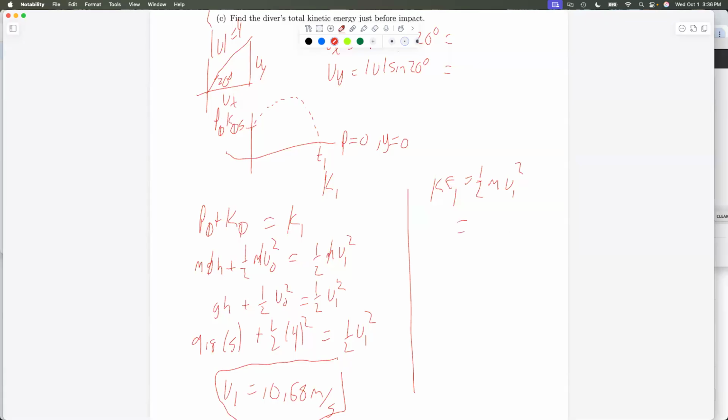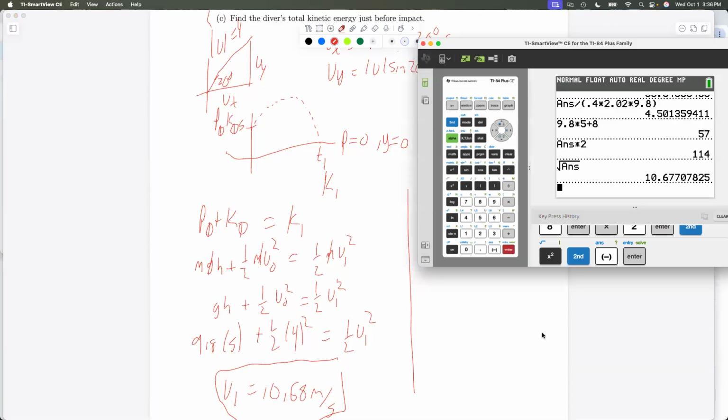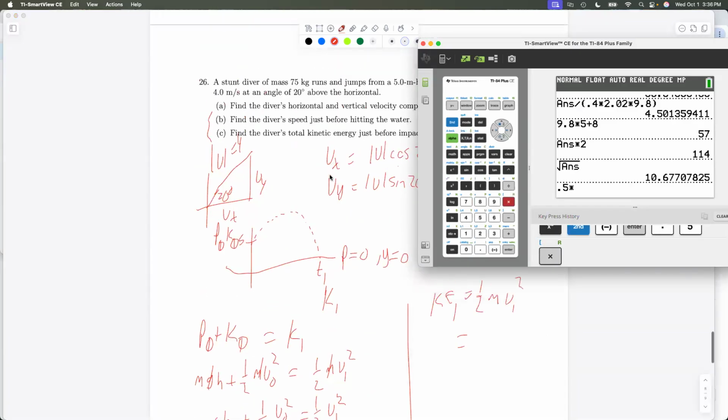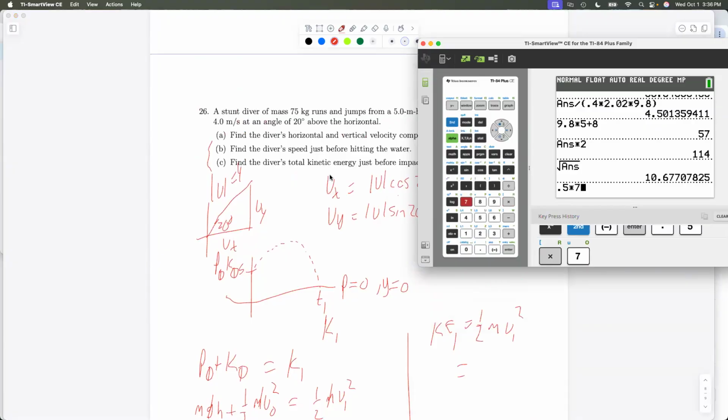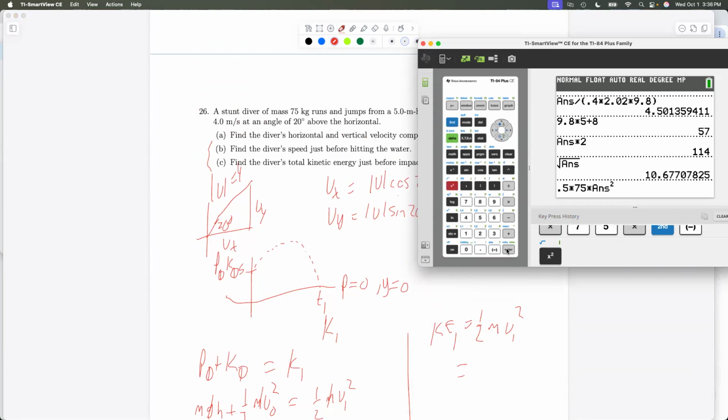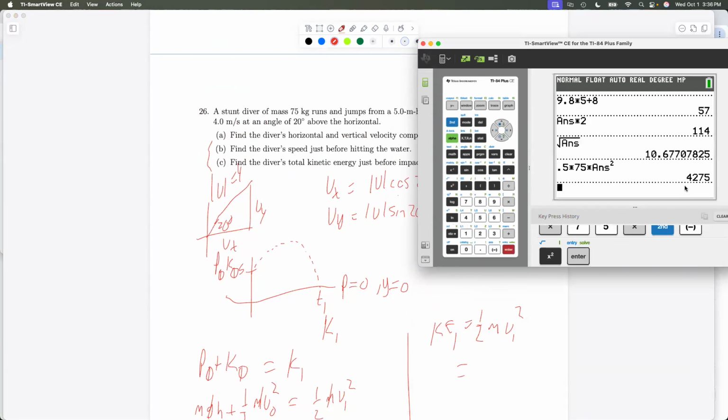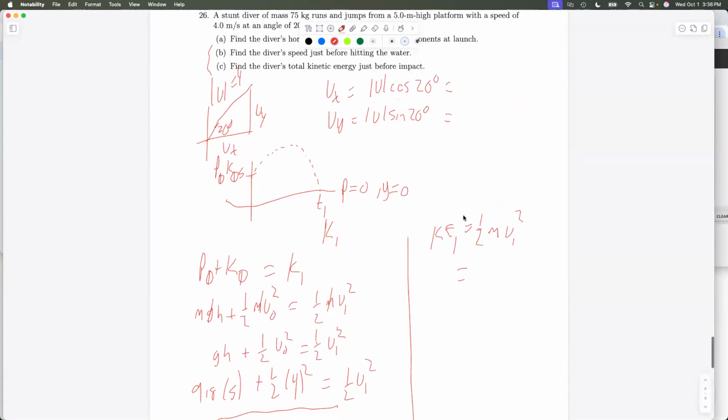So that'd be a half times m, so now we do need the m, 75, times that last answer squared. 4725 joules.